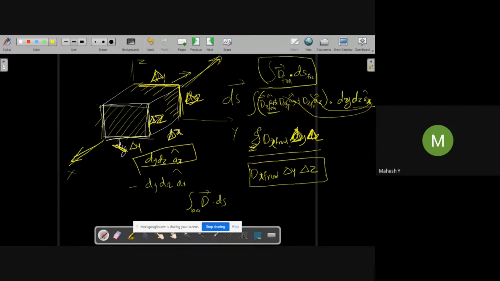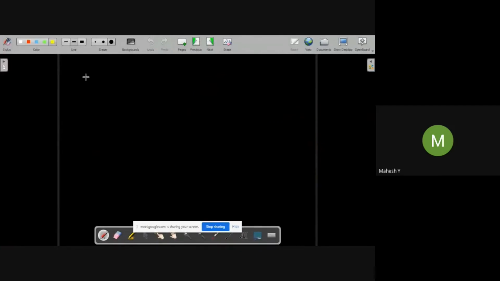I'll do it on a fresh page. So this is delta y, delta x, delta z, x, y, and z.